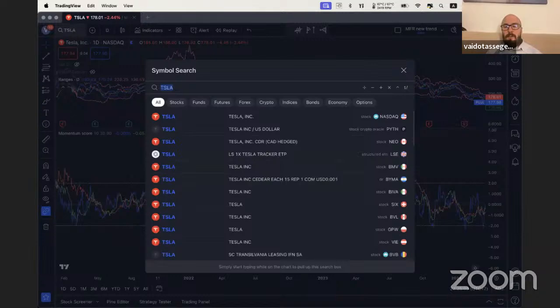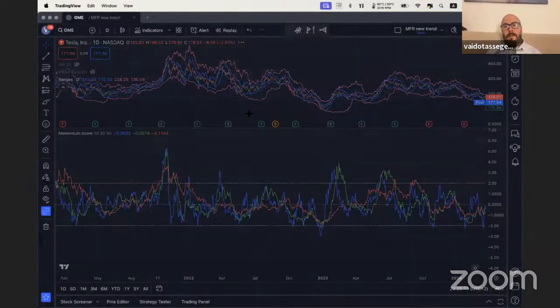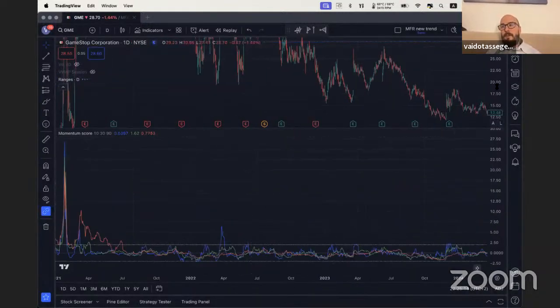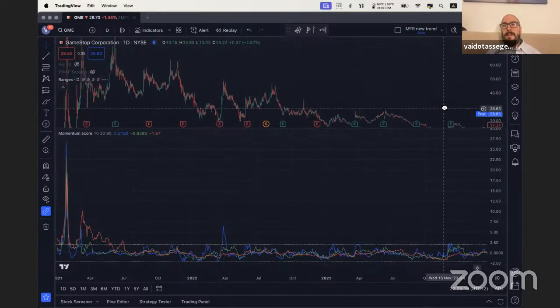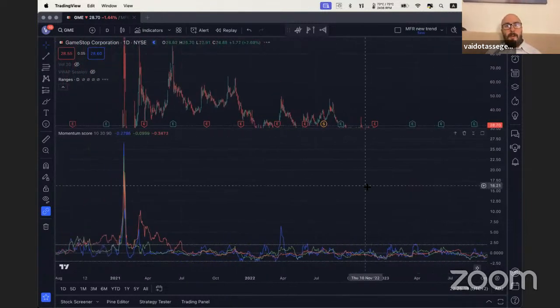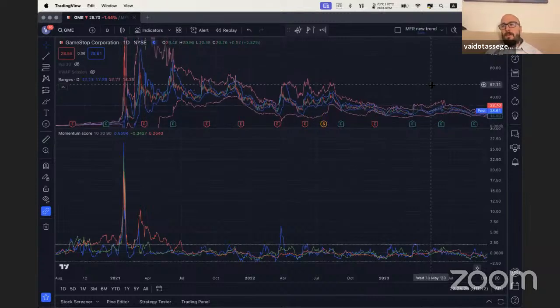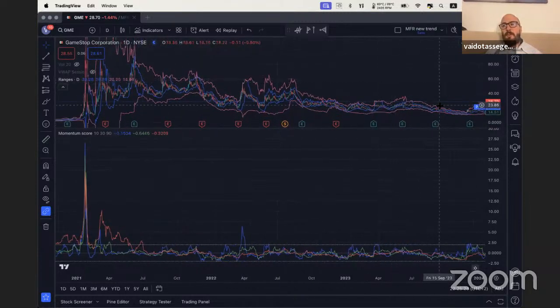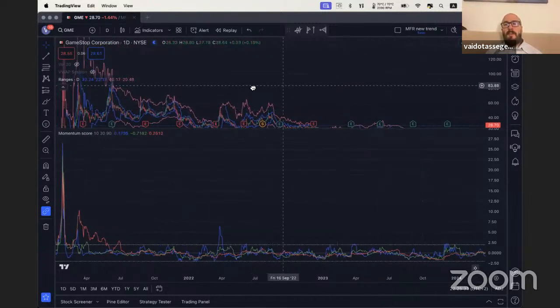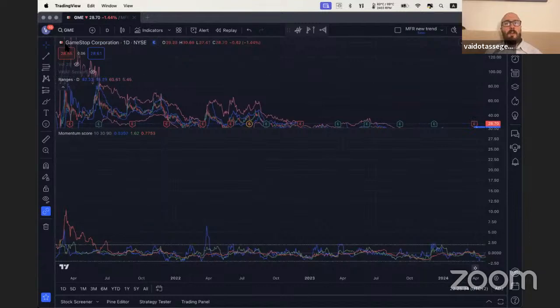We can take a look, for example, at GME, because why not? Real traders look at GME, right? So I just want to show you that these numbers can go crazy if the asset goes crazy. So you just need to know that. So what is a good level? For example, for Tesla, I would use like 3.